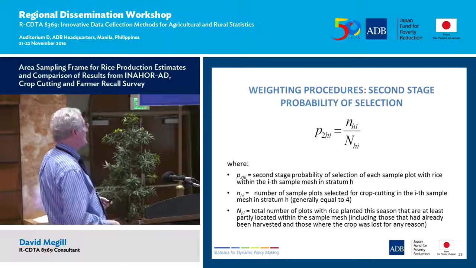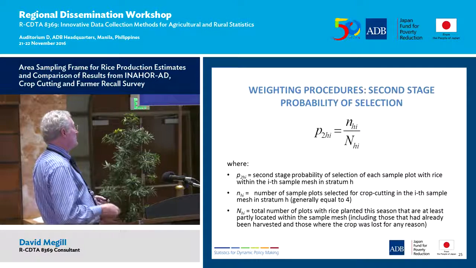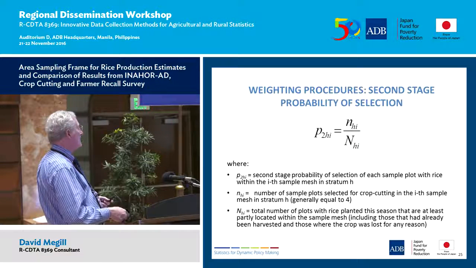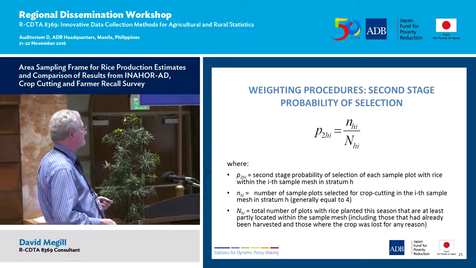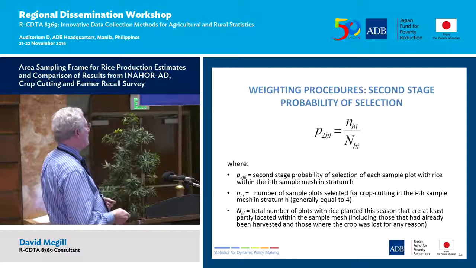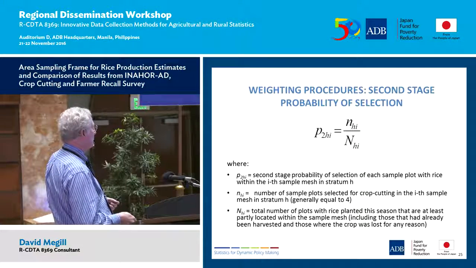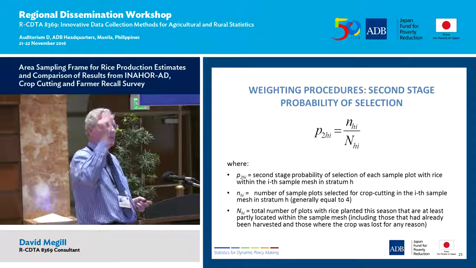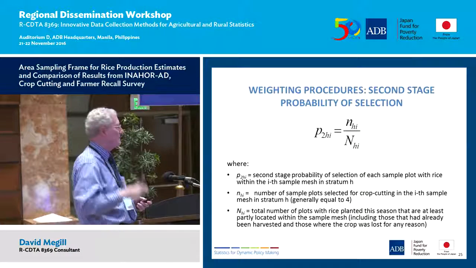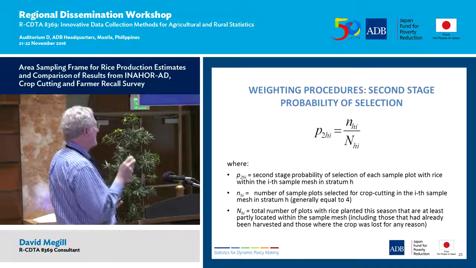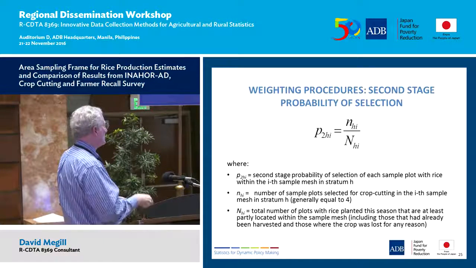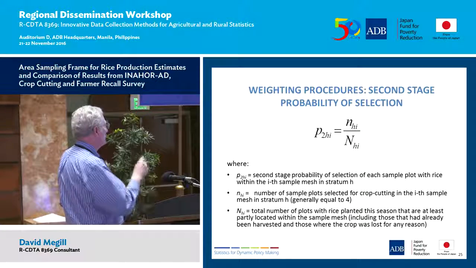Okay, at the second stage, we generally select 4 sample plots out of all of those that were identified in the listing within the mesh. So any plot that had even a small part of its area inside the mesh was given a chance of selection.